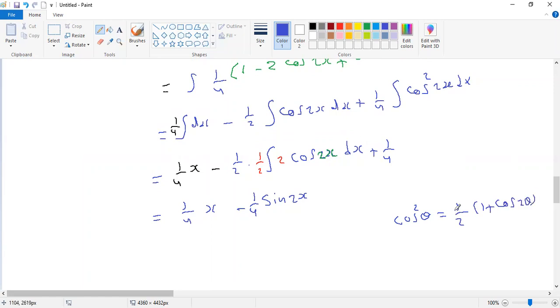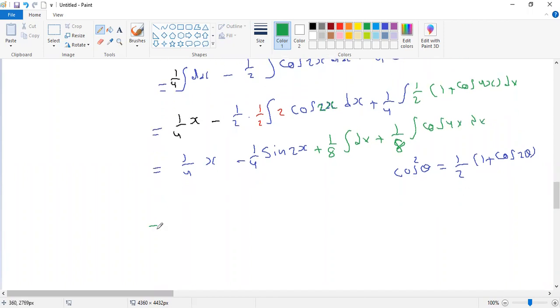Using this identity, cosine squared will be the integral of half 1 plus cosine 2 theta, with theta 2x, so it will be 4x, dx. So this one will be plus 1 over 8 integral of dx plus 1 over 8 integral of cosine 4x dx.